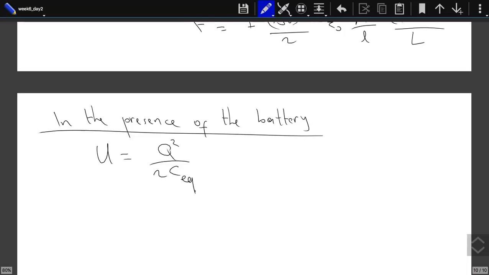Well, you can of course calculate the dependence of Q on x, but rather than that, we can write this as 1 over 2 C equivalent times delta V squared, because Q over C equivalent is delta V. Both are true; you can just do the calculation with both of them.